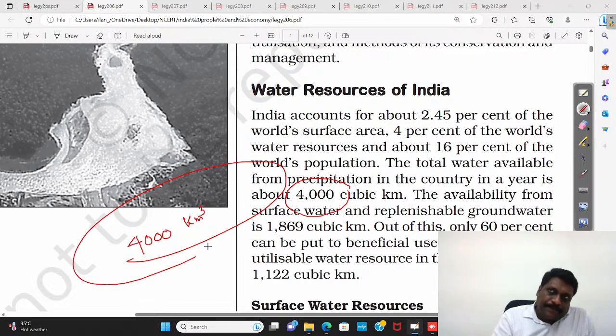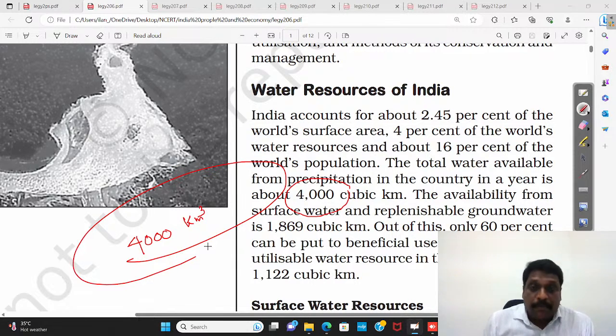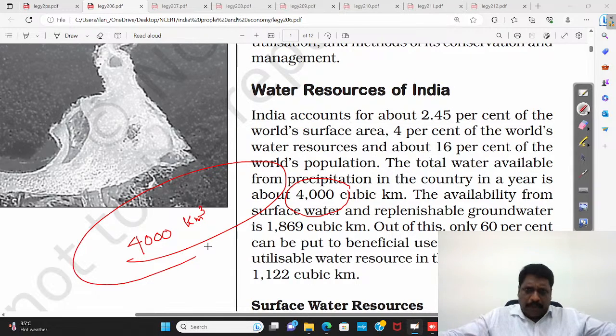But if you ask me, what is the water demand of India? All demands, if I just take it, the major demand comes through agriculture and industries. Am I right? The agricultural demand, the industrial demand, the potable water, water for sanitation, everything you put together.